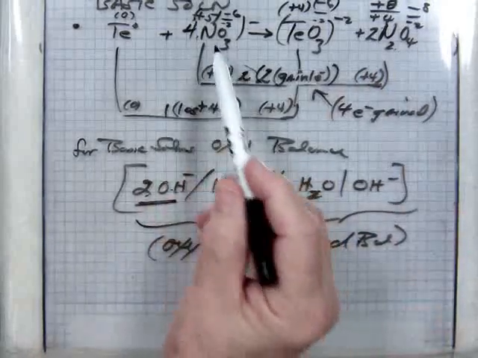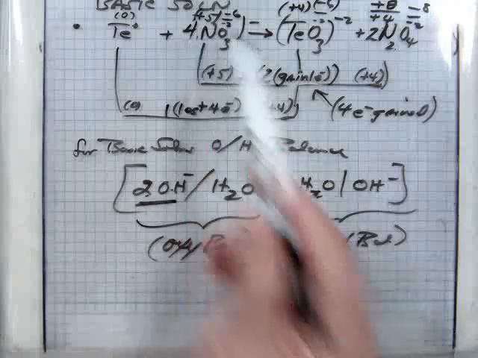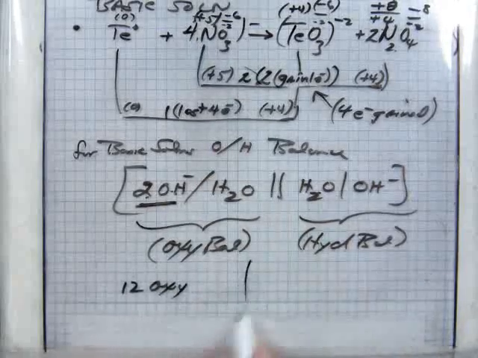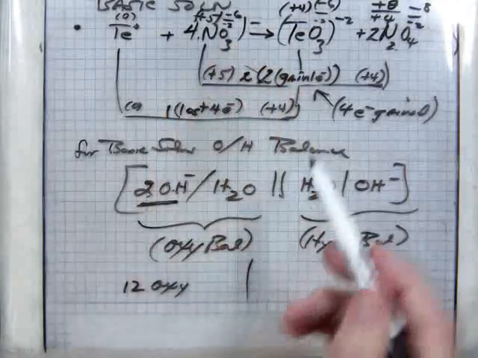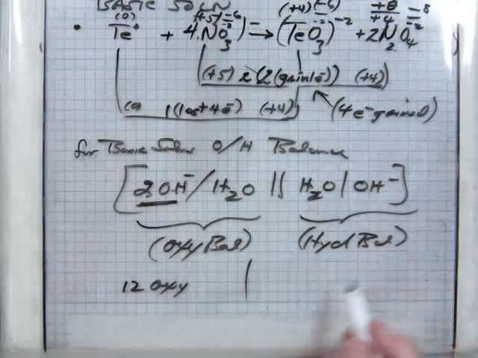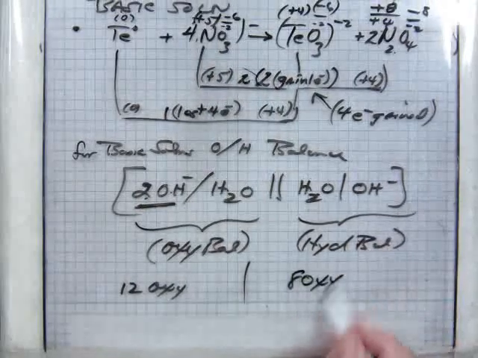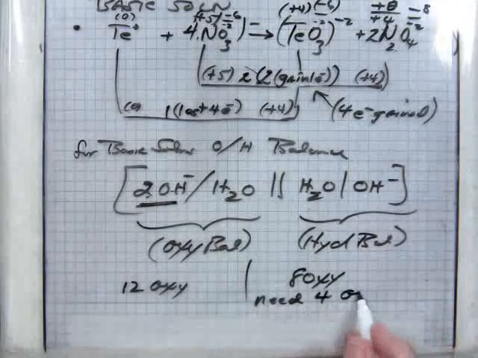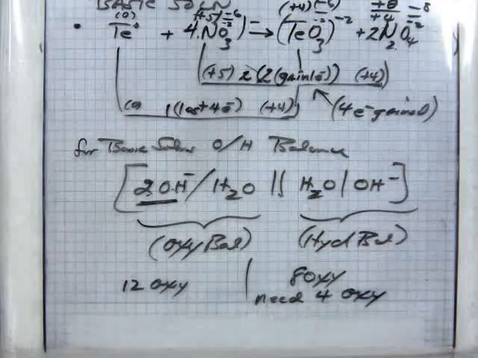All right, on the left side, we have 3 times 4. We have 12 oxys up here. And on the right side, we have 8 oxys. So we need 4 oxy on the product side.